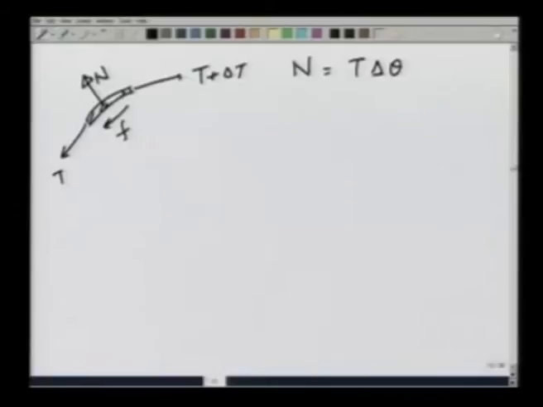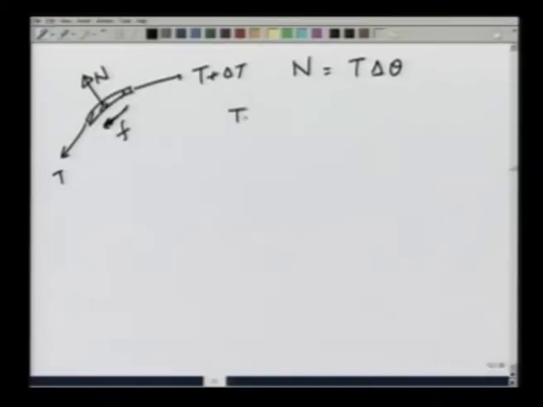So, again making this picture, I had tension T this way, tension T plus delta T this way, frictional force this way, normal reaction this way, and I found value of N to be T delta theta, and the maximum possible delta T that I can have is maximum possible value of friction.